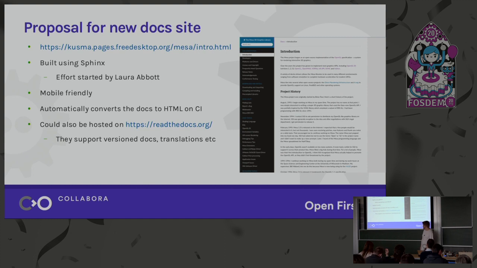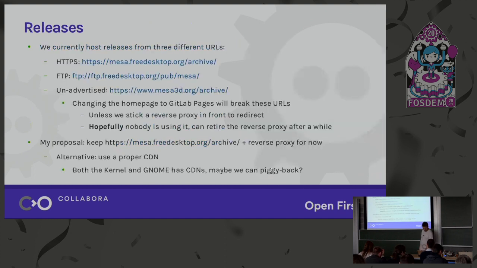And then finally for releases, the current situation is that we're hosting these releases at 3 different URLs, one over HTTPS. The nice thing is that we have almost forever advertised only the top 2 links, and none of the first 2 are under the main repo.